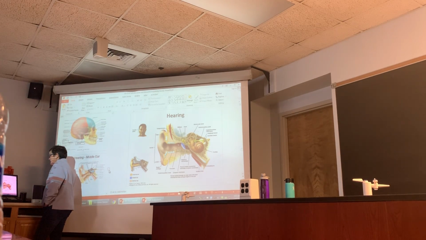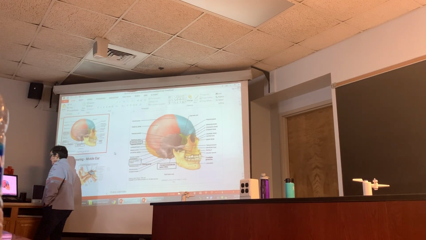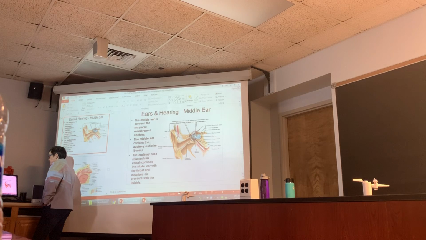Okay, this is just showing you a picture of the external auditory meatus in the temporal bone. Let me move on, but that's the location of the ear canal, right behind your temporomandibular joint, or jaw joint. Okay, so we were talking about this already, so let me move on and finish this up.